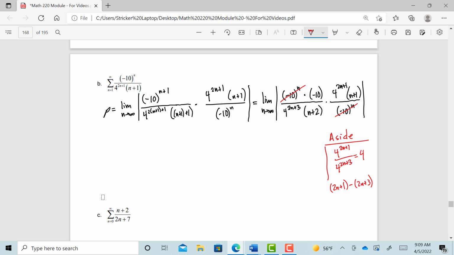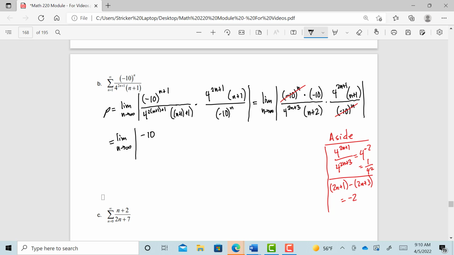And that's going to give you, the 2n's will cancel, that's going to give you negative 2. So this is going to give you 4 to the negative 2, which is really 1 over 4 squared. So simplifying this, we can continue. We have this is equal to the limit, as n approaches infinity, of negative 10.